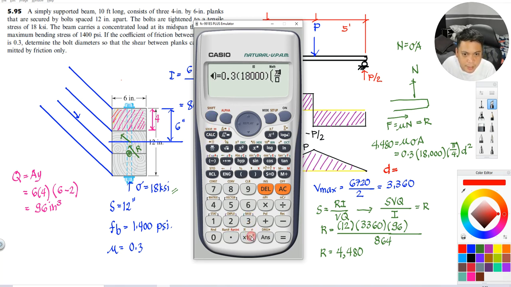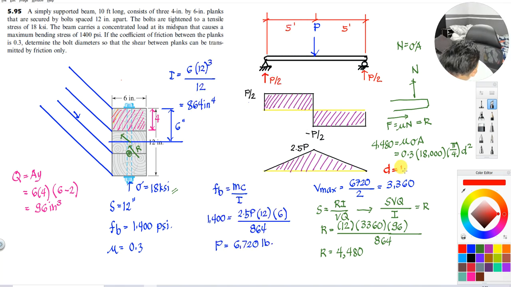So, pi over 4 multiplied it by alpha x, yun yung nawawala natin, squared. Okay? And then shift, solve. So, siguro, balik natin sa 0 or 1. Okay. So, you can have it as 1.03 inches. Okay? So, this is now the answer for this problem.